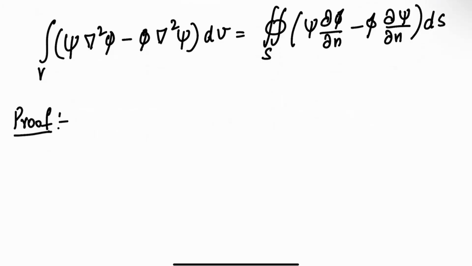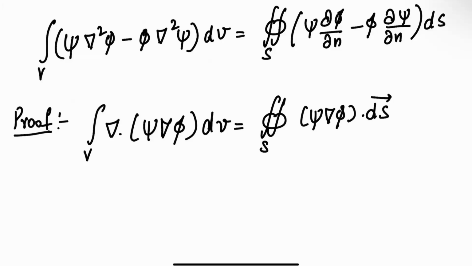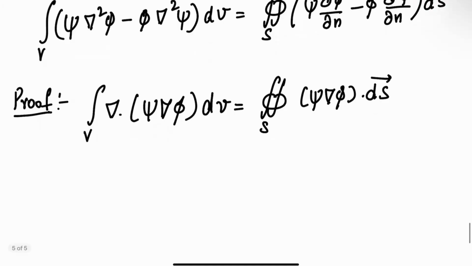Okay, so the first thing we can do is use the divergence theorem to establish one relationship, which is that the volume integral of the divergence of psi gradient of phi dV is equal to the surface integral of psi grad phi dot dS. That's just the divergence theorem. And we also know that gradient of phi dot n hat is nothing but d phi over dn by definition.